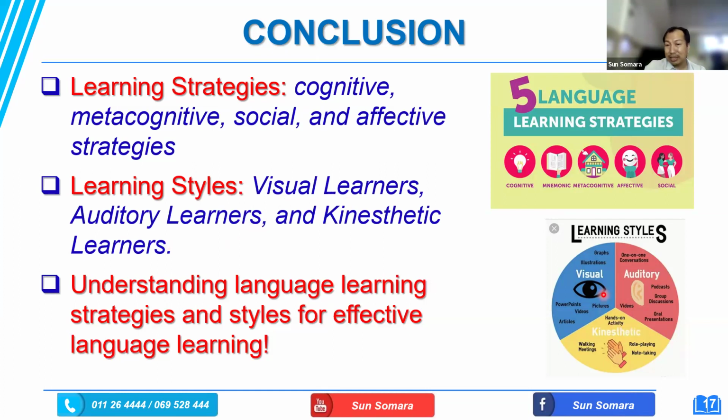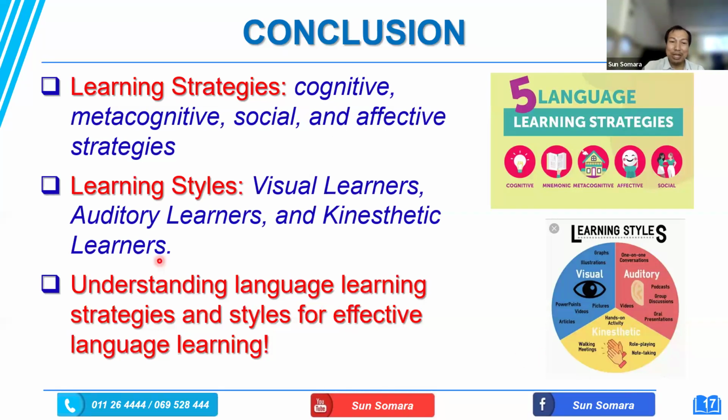You can identify a visual learner as well. Mostly you can understand from graphs, from illustration, and from PowerPoint like this one. If without PowerPoint you cannot understand, we can say you are the visual learner style. The other 2, you can learn from listening, podcasts, group discussion, video, or oral presentation.